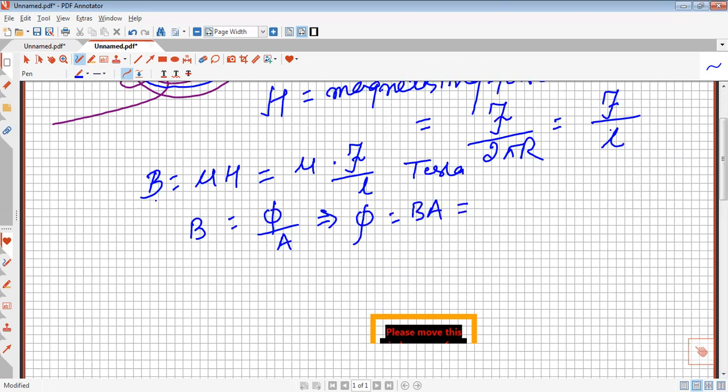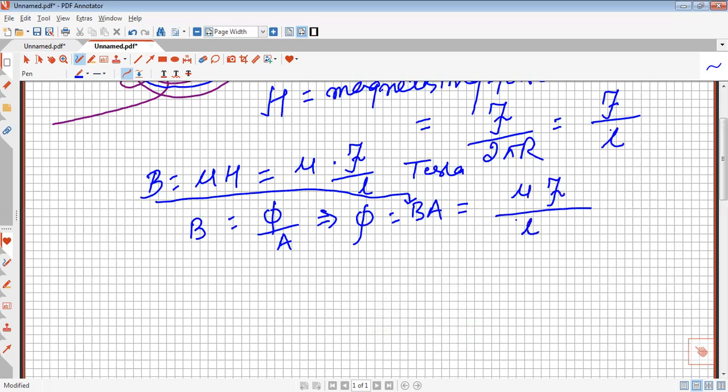Now I am putting the value of B in this equation, where B is mu mmf divided by L, L is the length and A is the area. So flux is mu, that is permeability, multiplied by mmf divided by length, into A. It is very simple, I am just putting the value of B from here to here.